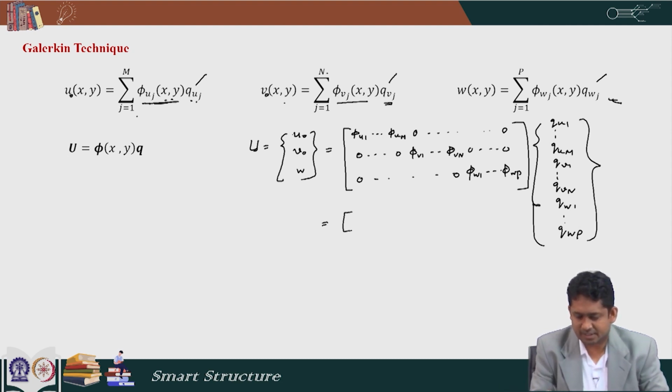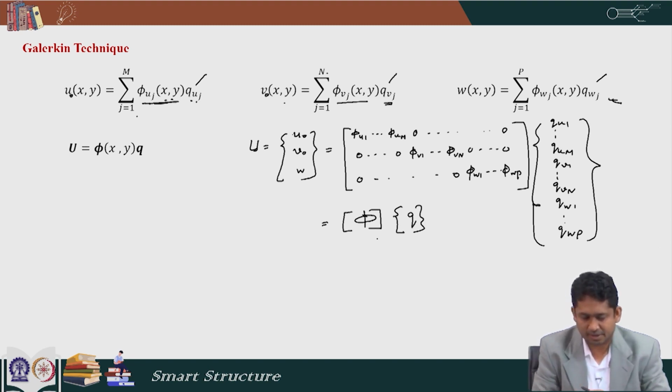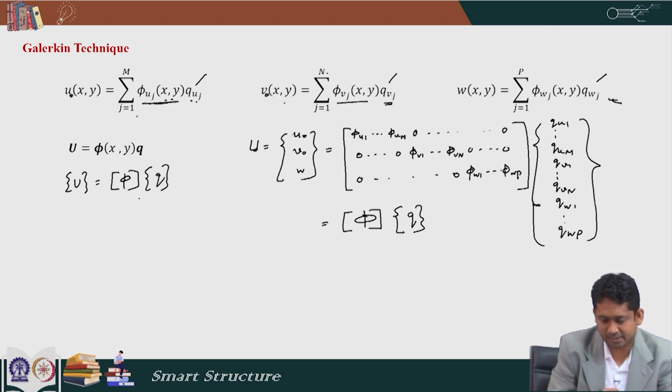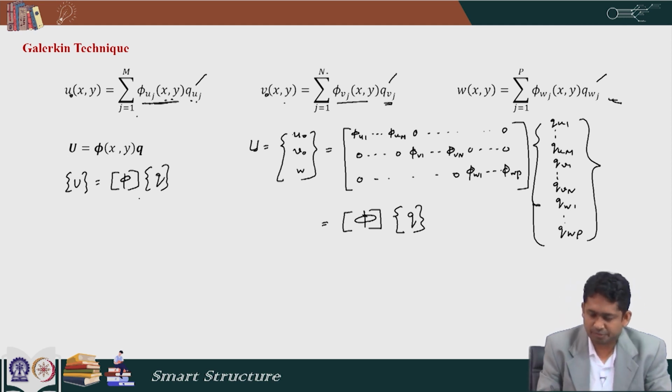And this entire thing we write as a big phi matrix multiplied by Q. So, if we use the symbols for matrix and vector, this looks like this, where phi is this matrix of these basis functions phi's.